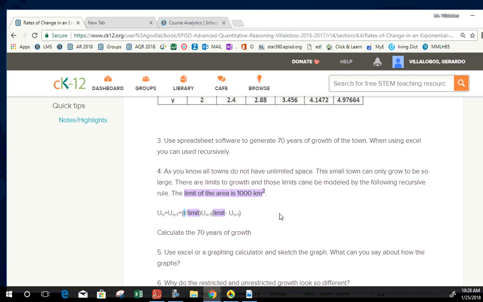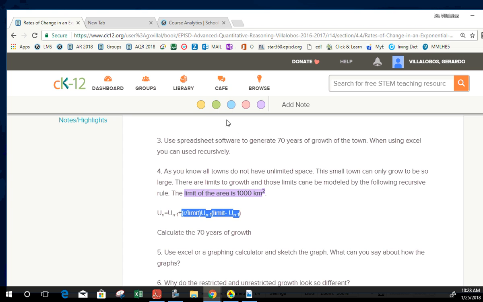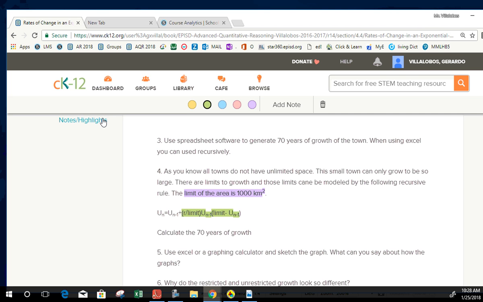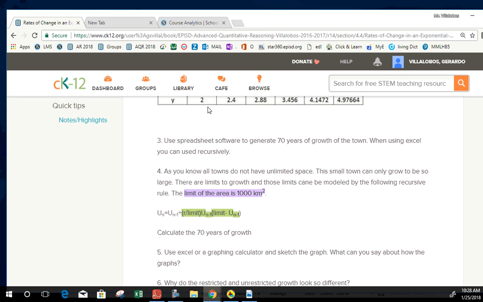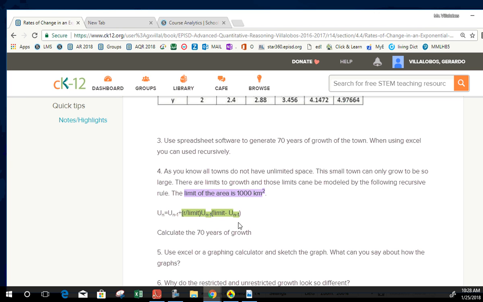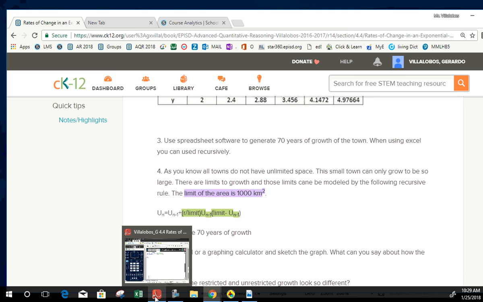So this reads: the current term is equal to the previous term plus this huge quantity here, which is R divided by the limit times the previous term times the difference. So let's see how that works out.